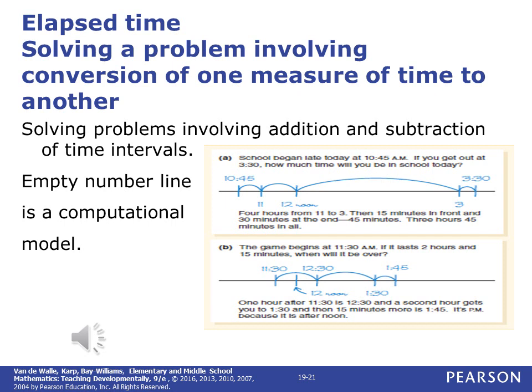I asked the students how much time elapsed from 8:40 a.m. to 12:20 p.m., and the students just quickly subtracted and said, oh, it's 4 hours and 20 minutes. And I was kind of shocked that they said that. And the reason they do that is they treat it like it's normal subtraction.